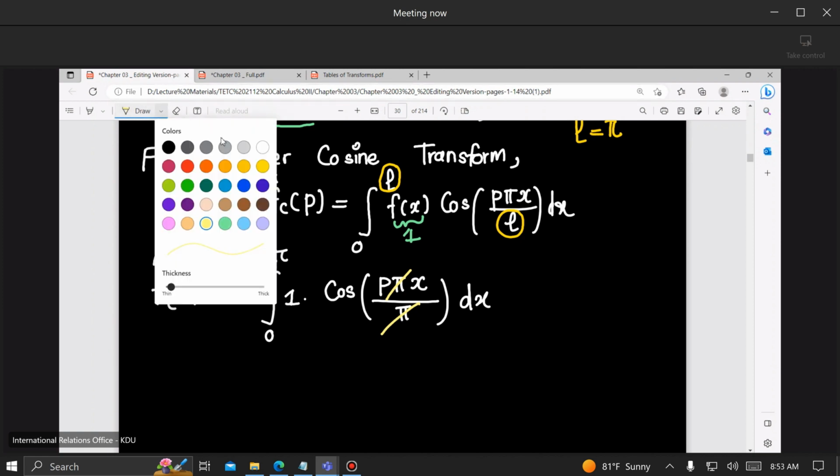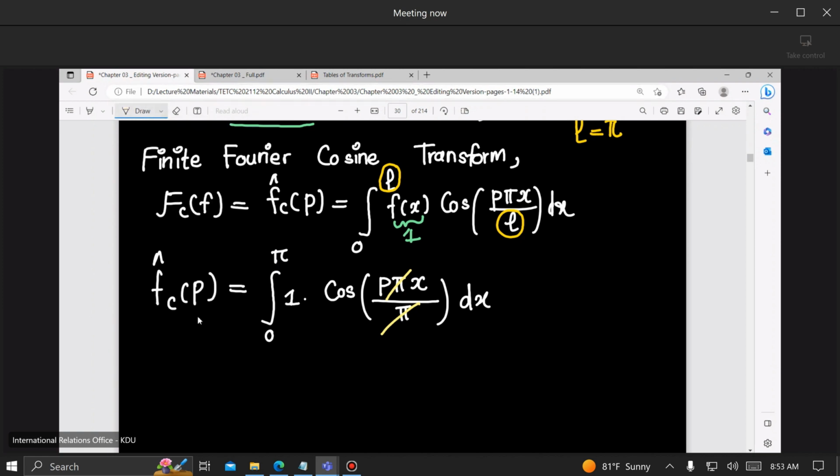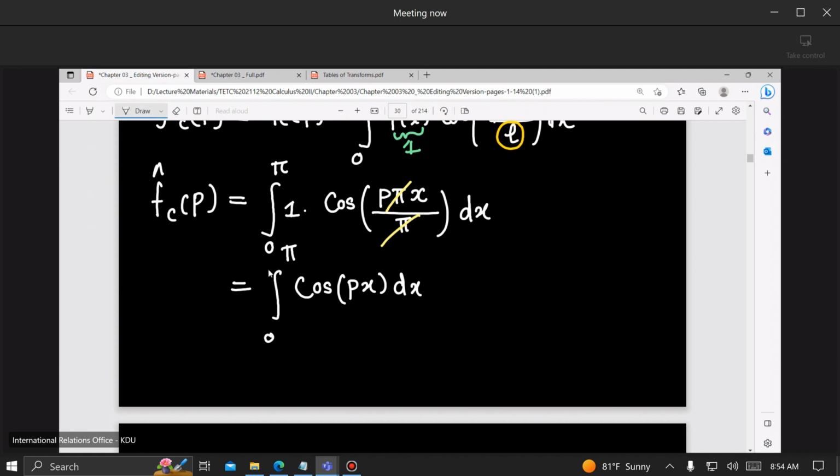What is the remaining then? We can rewrite this as the integral from 0 to 5 of 1 times cos p pi x dx. Then we have to integrate cosine of p pi x with respect to the variable x from 0 to 5.